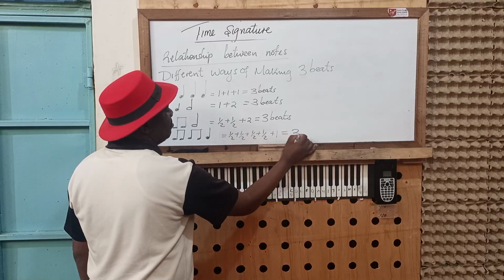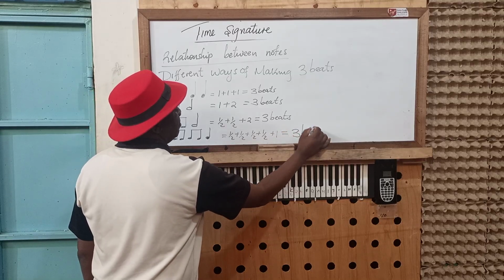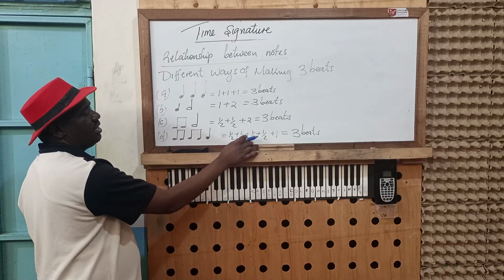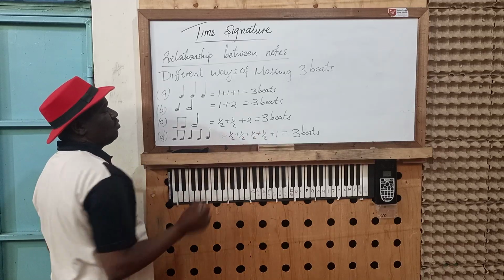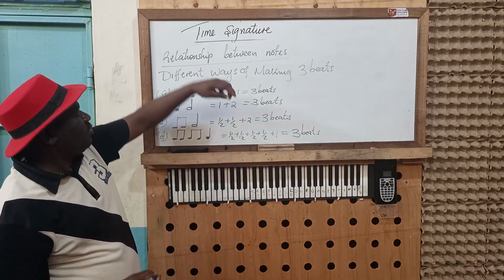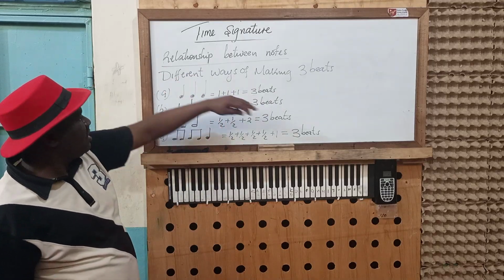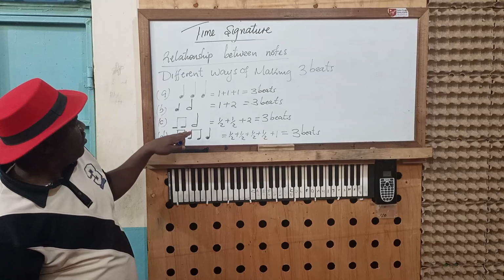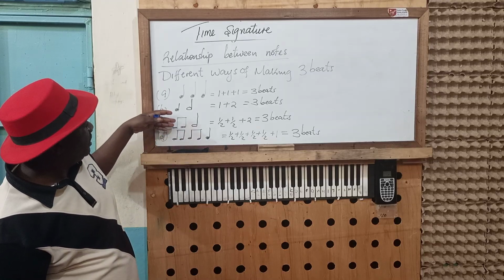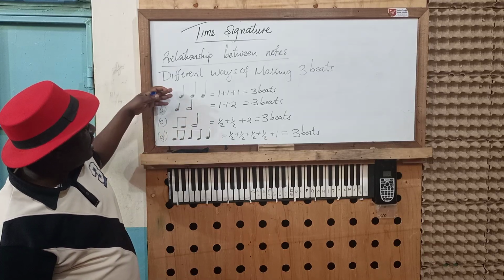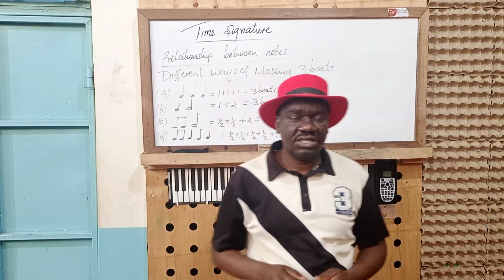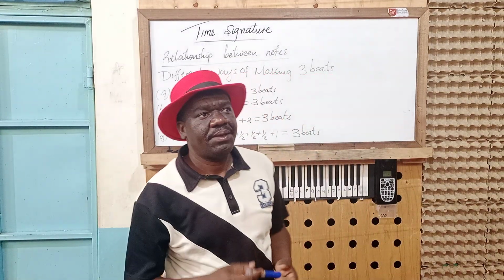This is equal to 3 beats. Why? Because half plus half is 1, half plus half is 1, plus 1 is equal to 3 beats. So those are different ways in which we can make 3 beats using different notes. We have used quaver, minim, and a crotchet. And that makes the end of our lesson, the time signature.